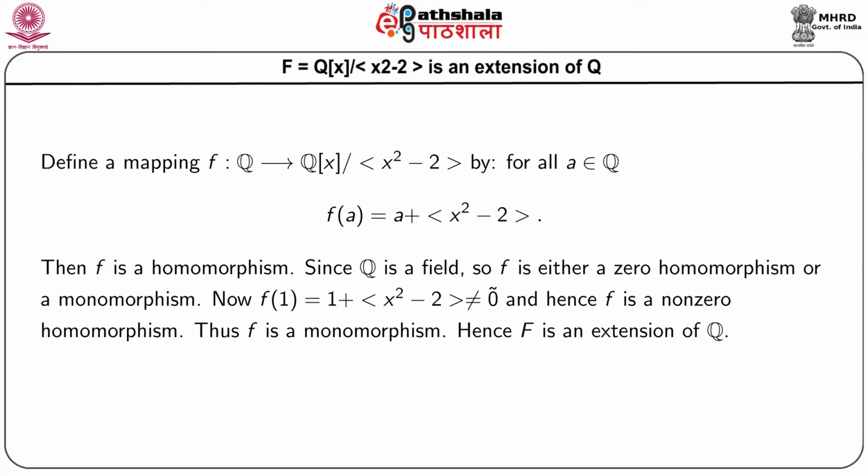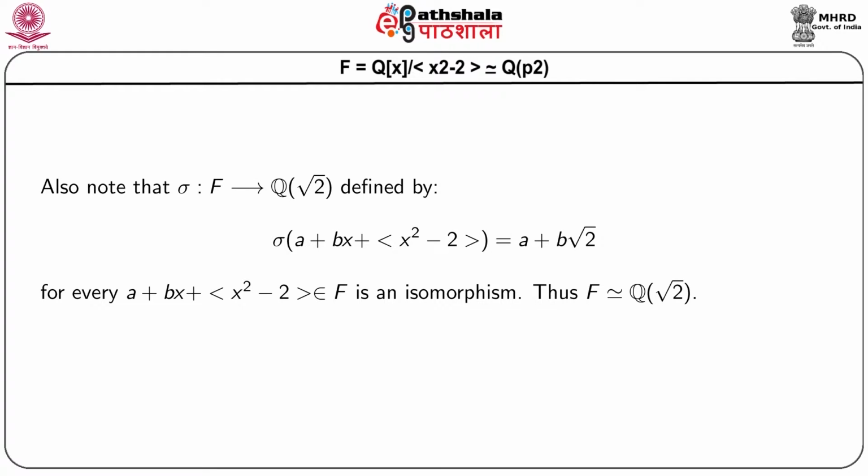For this, it is sufficient to note that 1 is mapped under f into the coset of 1, that is 1 plus the ideal generated by x square minus 2, not 0 of the field F, and hence f is a non-zero homomorphism. Thus, f is a monomorphism, hence F is an extension of Q. Here also you can note easily that F is isomorphic to Q(root 2).